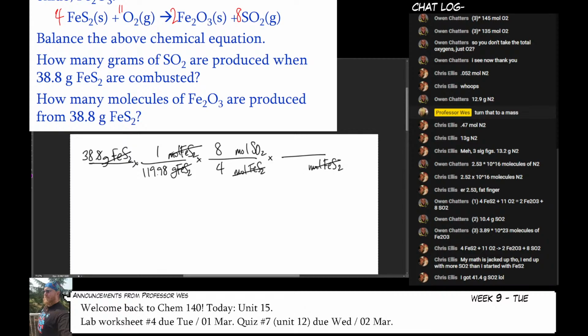And then I'm going to turn moles of, not FeS2, that's what happens when you don't get enough sleep, you guys, moles of SO2 to grams of SO2. And I want to say this is like 64 or something. SO2, 64.06.